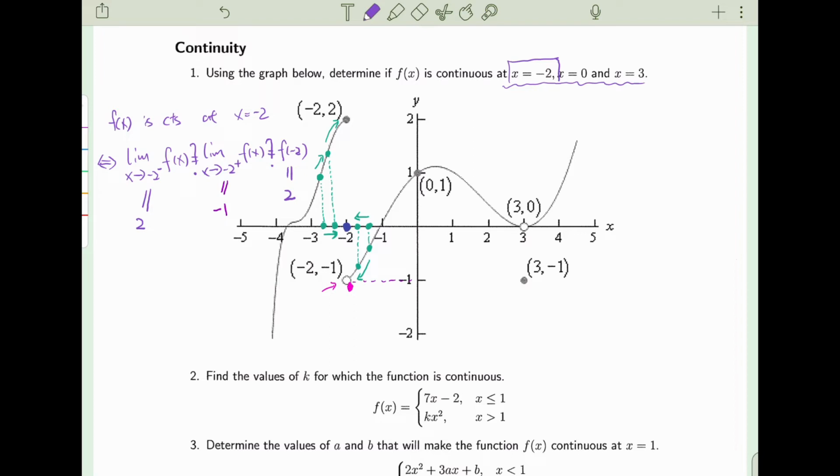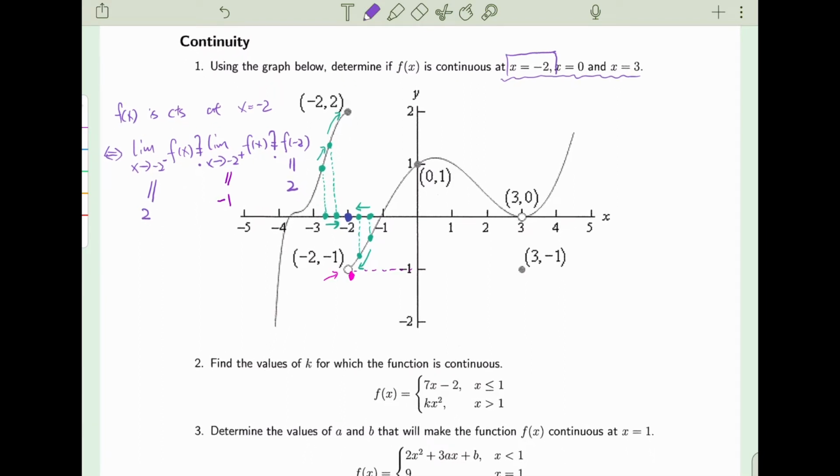So from this example, I have demonstrated how we can find the left limit, the right limit, and also the value of the function by using the graph, right? And after we find them, we can easily check whether they are the same. If they are the same, then f of x is continuous at this place. Otherwise, it's not.